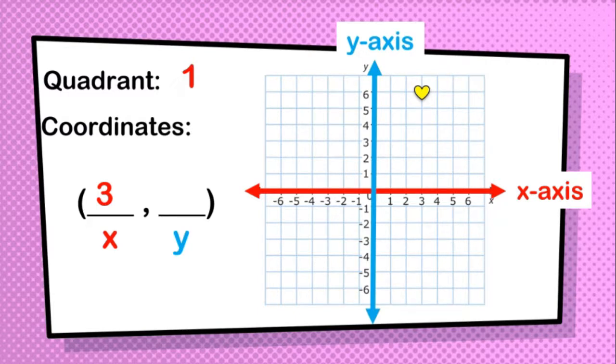What about the ordinate or y-coordinate? From the origin, count how far the point is from the x-axis. And that is positive 6. We are going upward from the x-axis, so that is positive. Let's have another one.